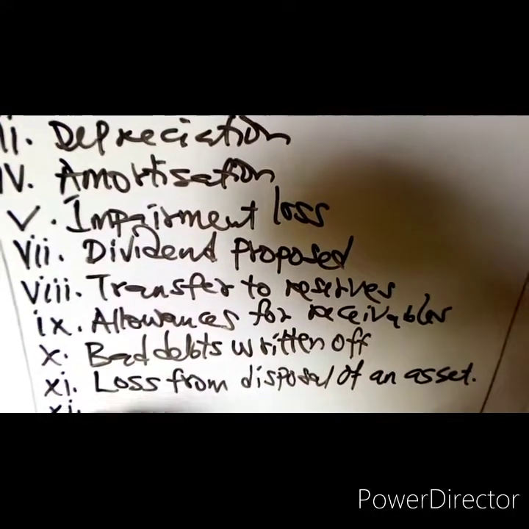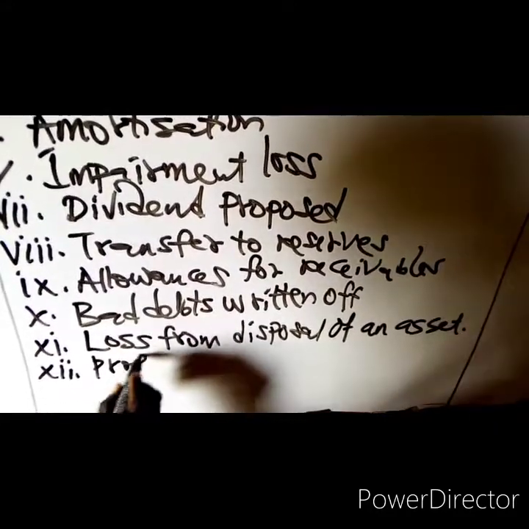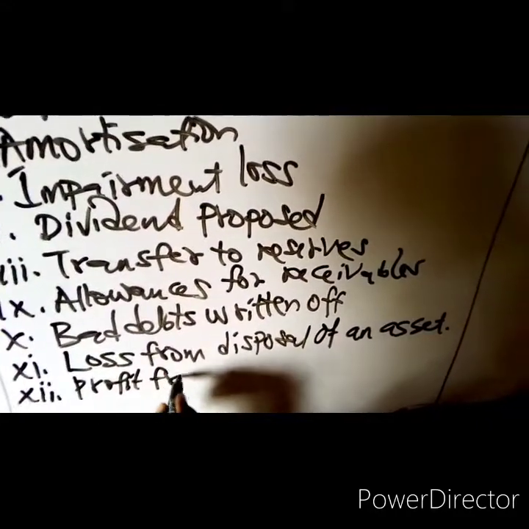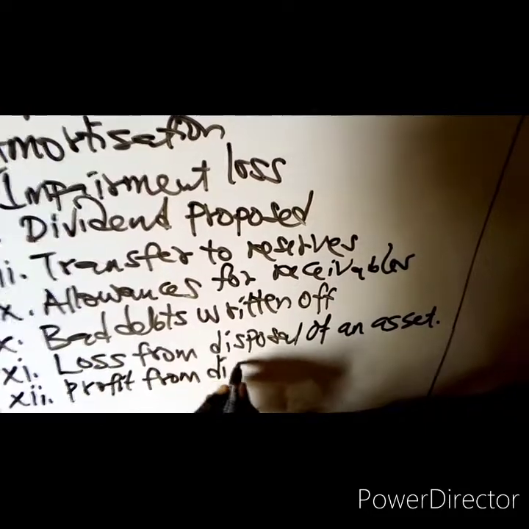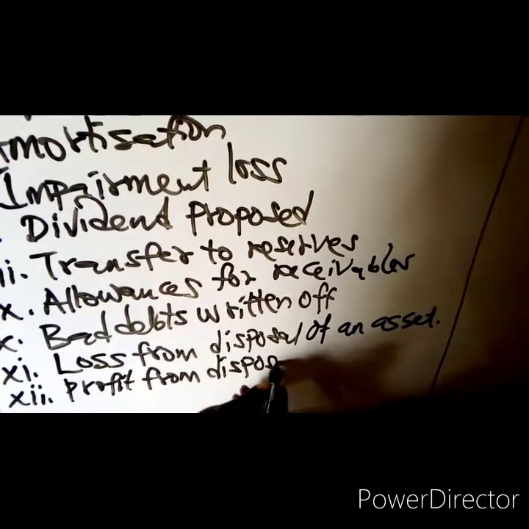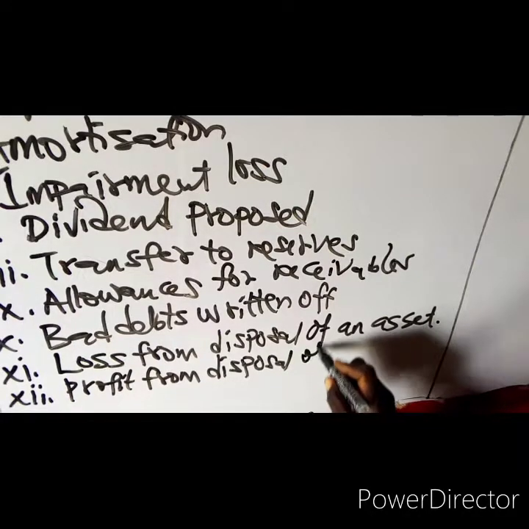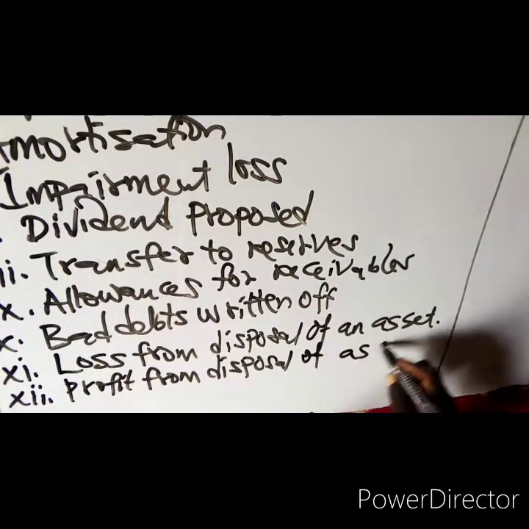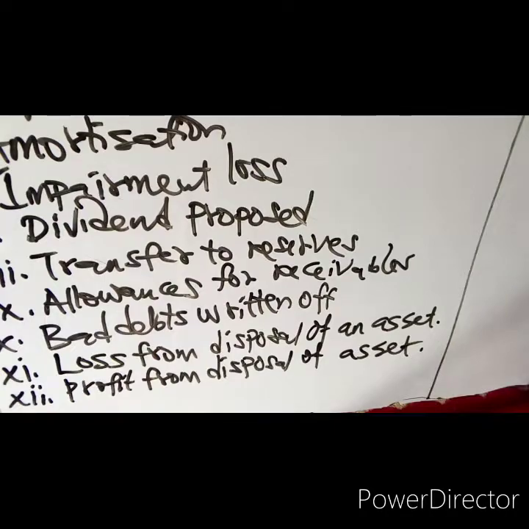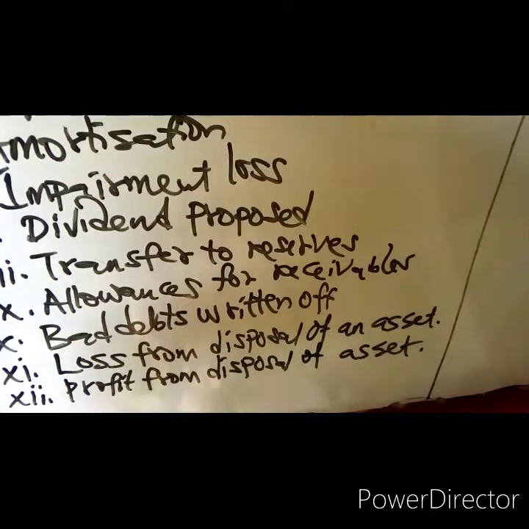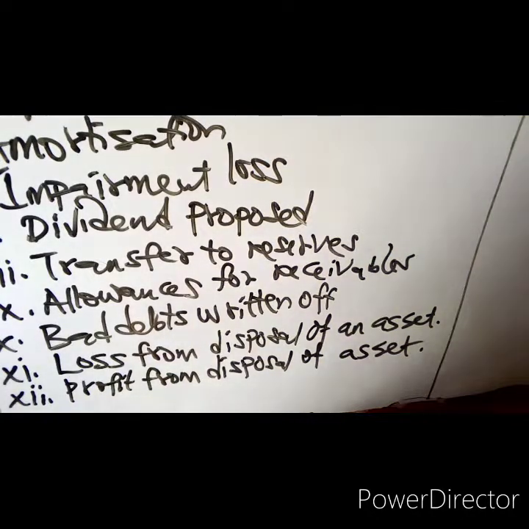Number 12, profit from disposal of non-current assets. Profit from disposal of non-current assets should not be entered or recorded in the cash budget.